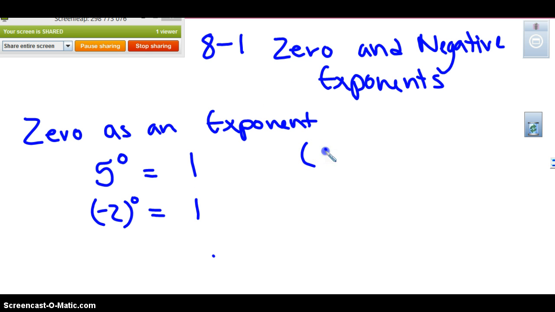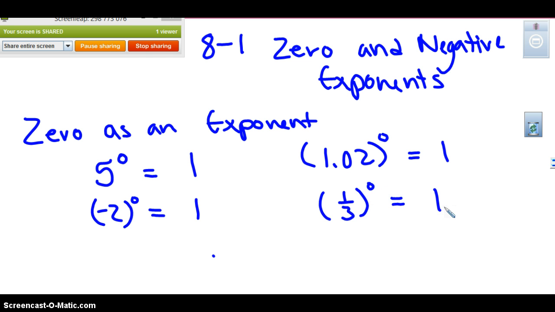If we have 1.02 to the 0 power, that would equal 1. If we have 1/3 to the 0 power, that would also equal 1. By me saying this, what can you conclude about any number raised to the 0 exponent?